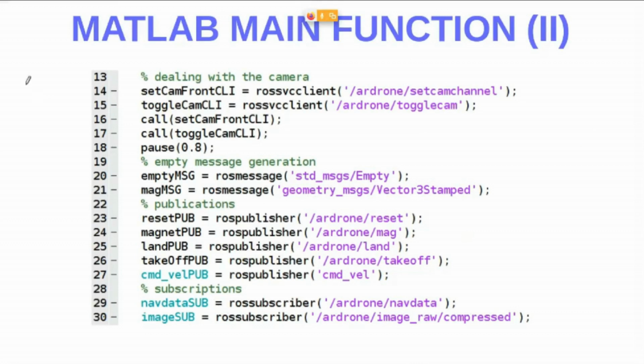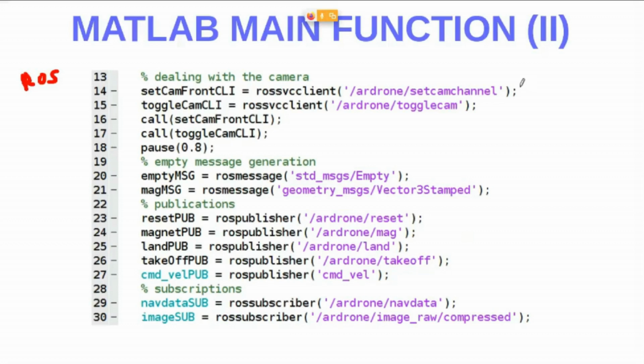Then what about the ROS commands for the aircraft? Well, first of all, I deal with the camera. Now for these experiments, I will not use the images from the drone, because I will not do the image recognition. We will do it later on in a week, okay?